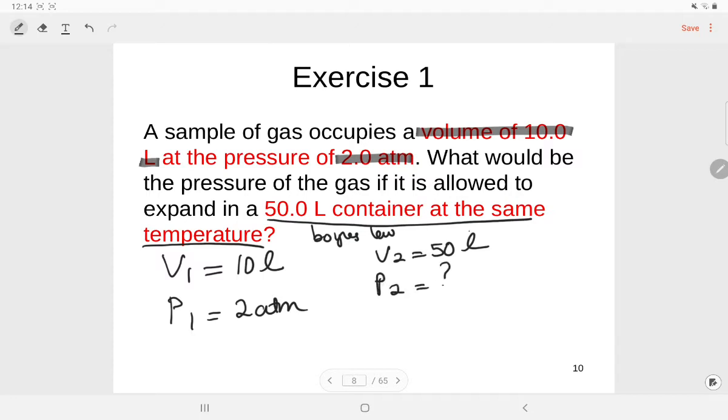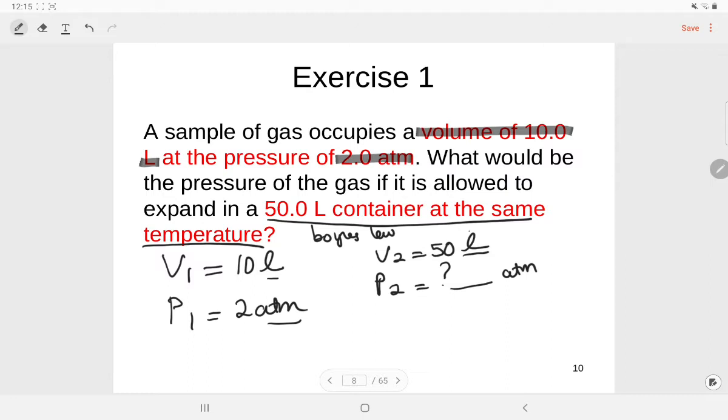As I mentioned before, we just need to make sure the unit we use on the first one is the same unit we use on the second. Your volume in the first is in liters, so your second one should be in liters too. And your P1 is in atm, so your second pressure will be in atm as well.